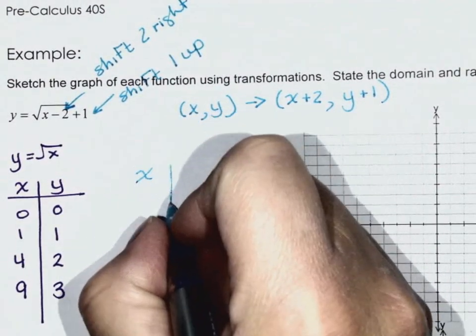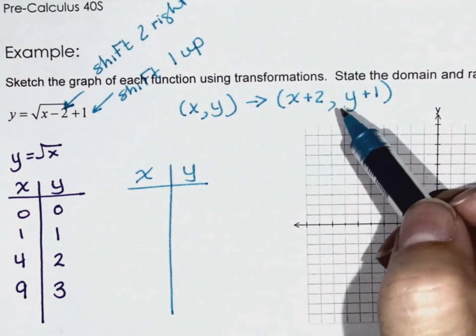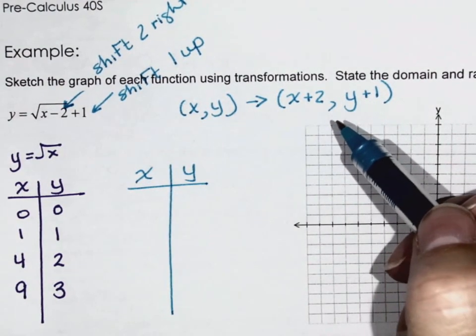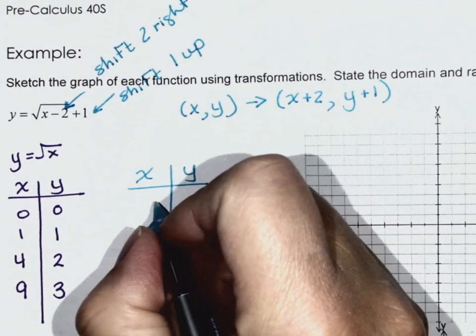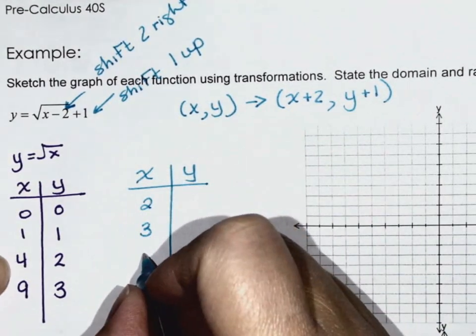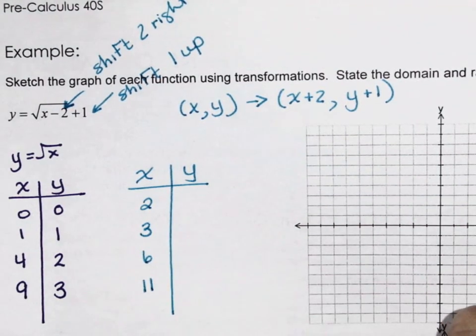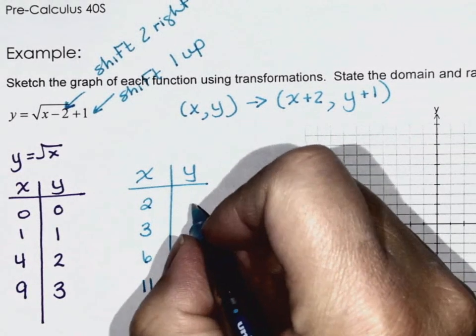So when we create the new table of values, and I find doing a mapping rule is helpful because it tells me exactly the math that I need to do. X's are going to be added to 2's. 2, 3, 6, 11. And y's, we're going to add 1.